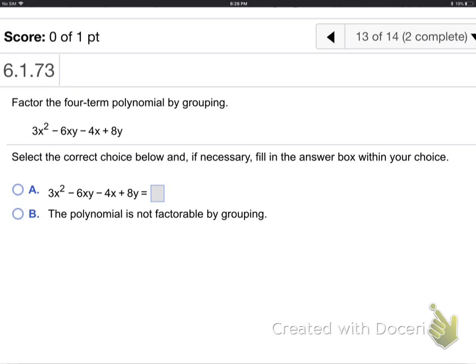Okay, how are we doing? So, first 2, what do just those first 2 have in common? 3 and x, yeah. So we're doing the 2-2 split here, right? First 2, last 2. So what were 3x times x? 3x times minus 2y. Good so far. Good for the first 2.